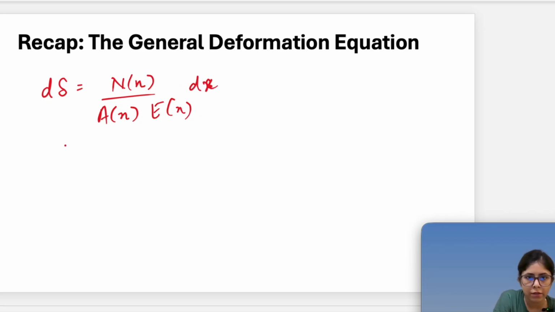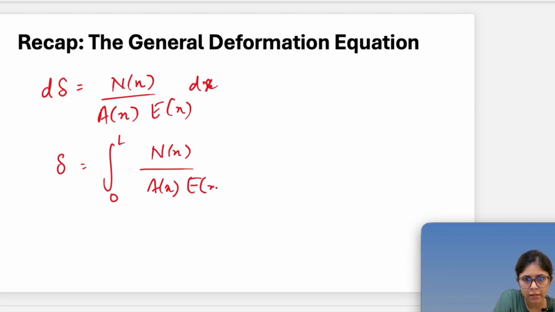And then with this, the deformation we calculated by simple integration from 0 to L of N(x) upon A(x) E(x) into dx. Okay, so here now comes a question: what if this A is not constant?